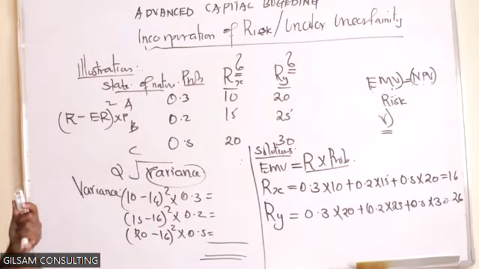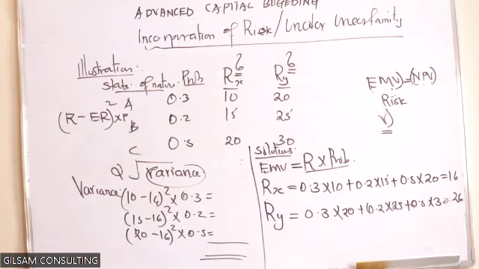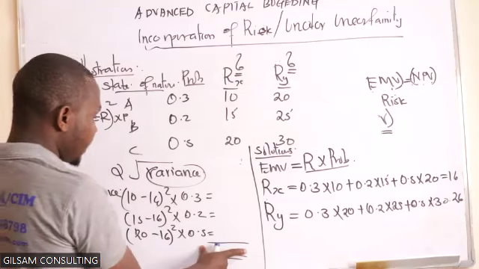So how much is this? The first one is 10.3. Finish them and then sum it.